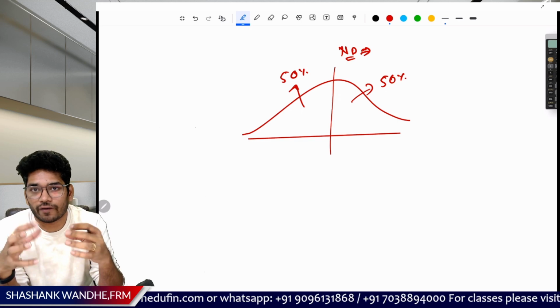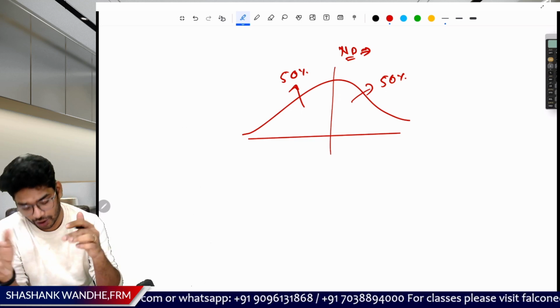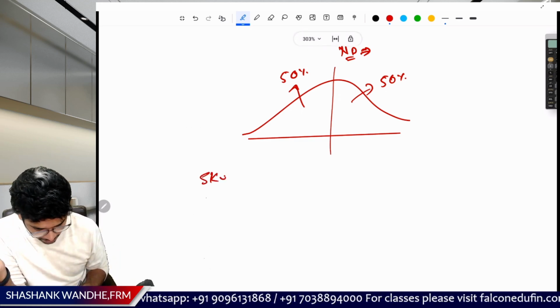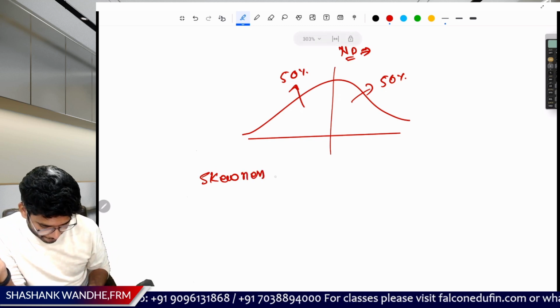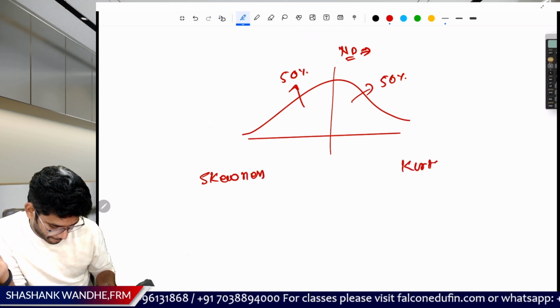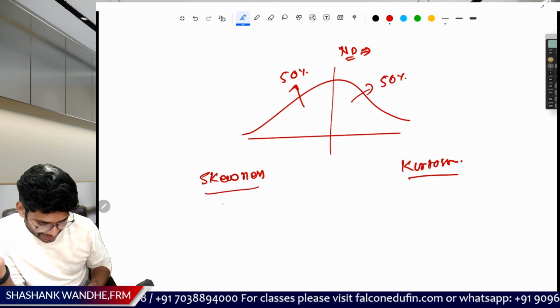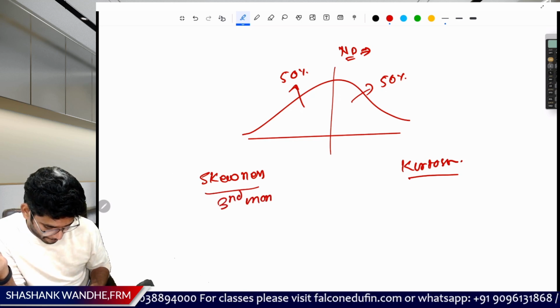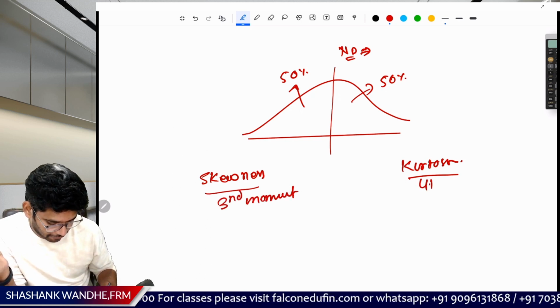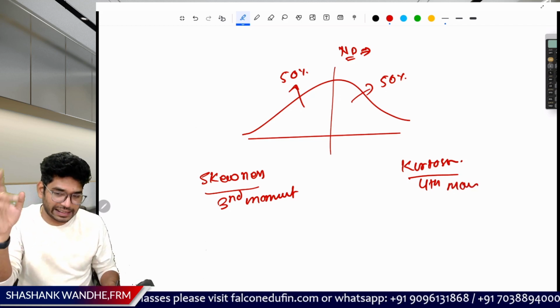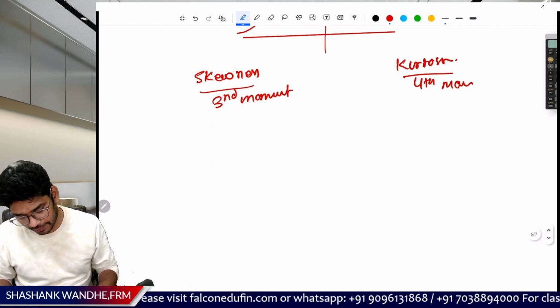So we use tools like skewness and kurtosis. Skewness is the third moment and kurtosis is the fourth moment. Variance is the second moment and mean is the first moment of the data.